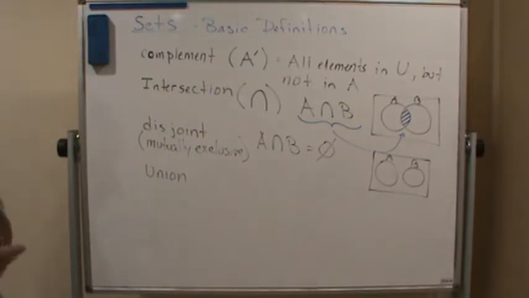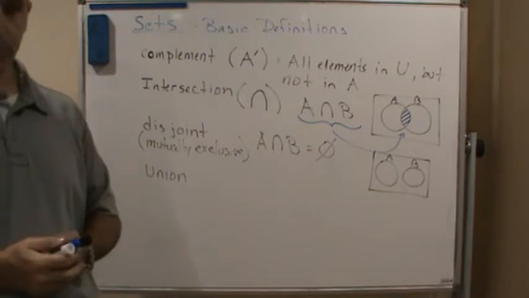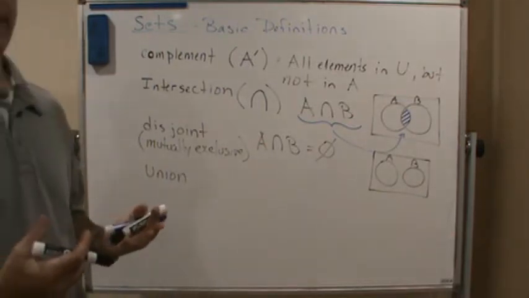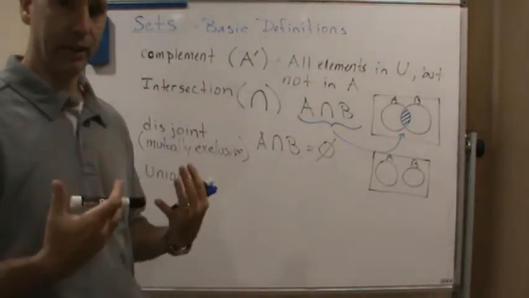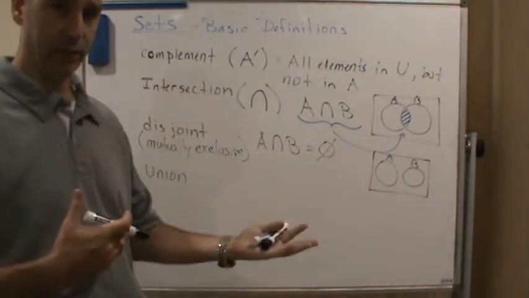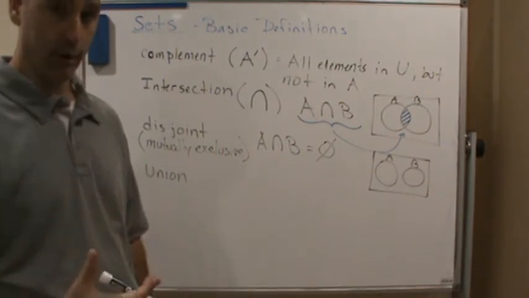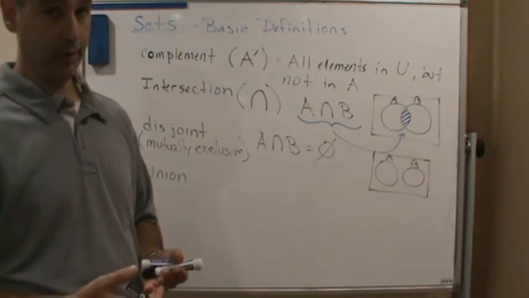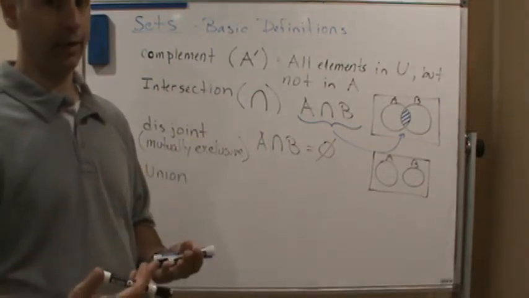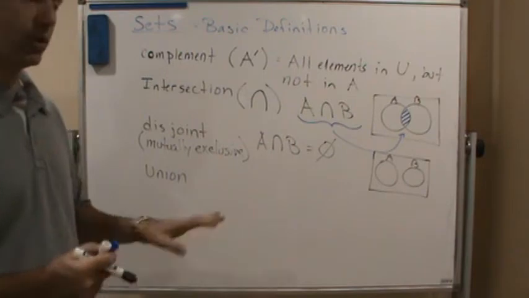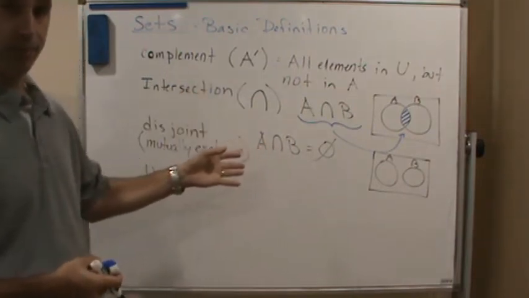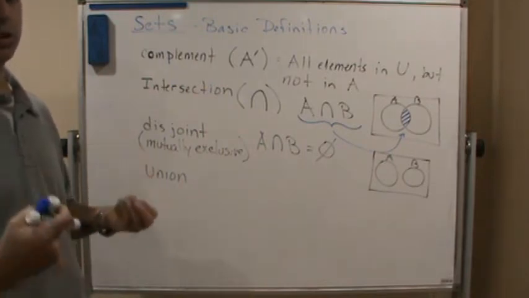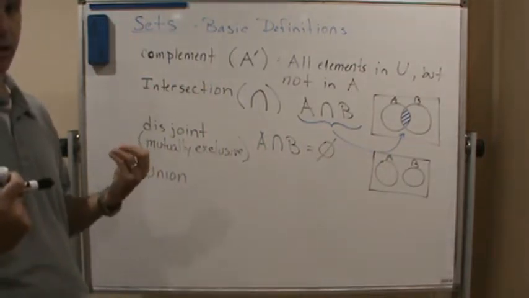That's what disjoint means. Now, union. Union is another operation that you're going to want to be familiar with. Union means that I want all the elements that are either in A or in B or both. So it goes farther than just the intersection. Where the intersection is an and, the union is or, and it's an inclusive or, which means it could be both.